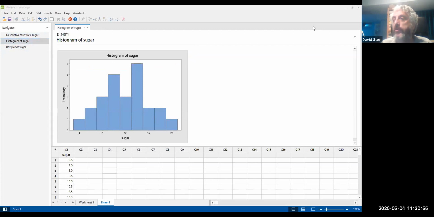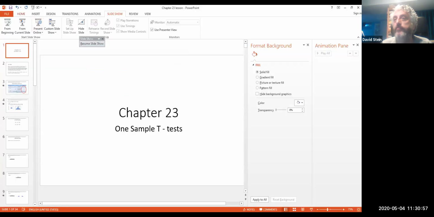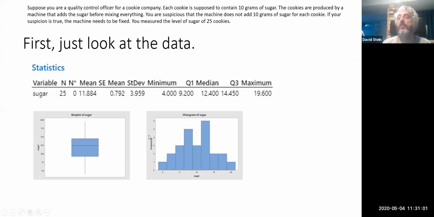All right, I'm going to switch back here. And let's take a look at this. Okay, so I've copied that information back over here. Mean, standard deviation. All right, so let's get started and do this now.